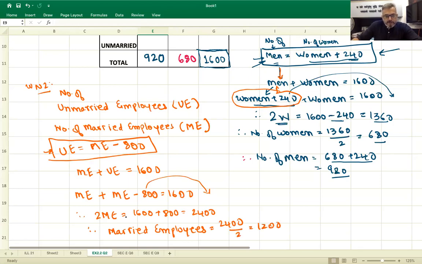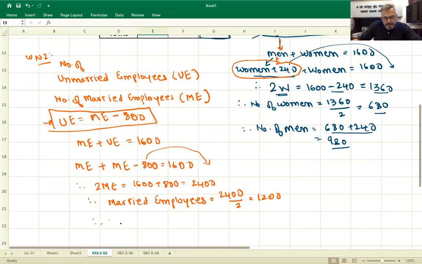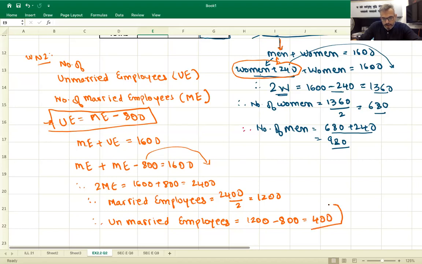So, therefore, unmarried employees is equal to married employees minus 800, which is equal to 400.